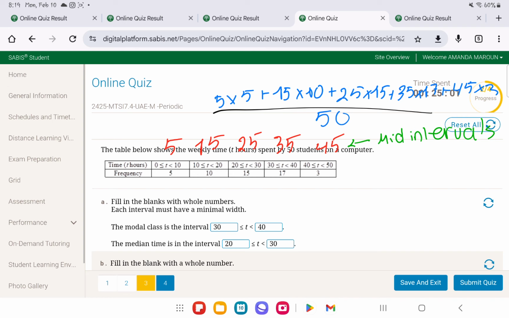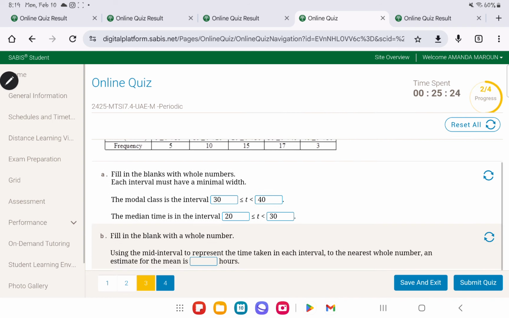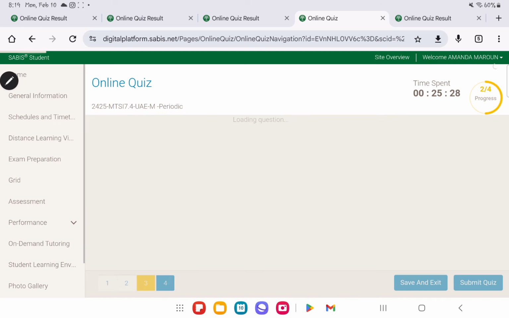If we do it, we are going to get an answer of 25.6. And you are going to round it because they need it to the nearest whole number to 26. So the answer over here is 26.